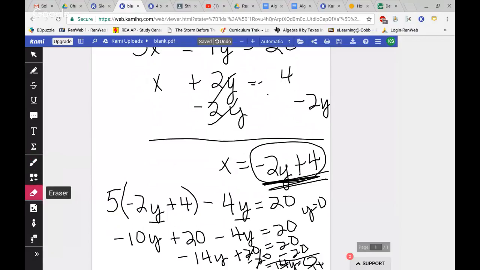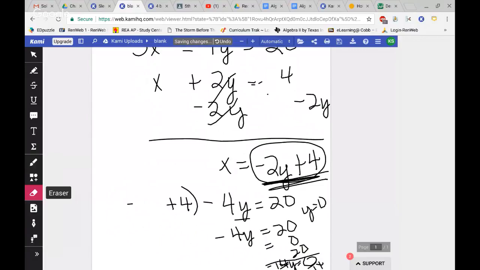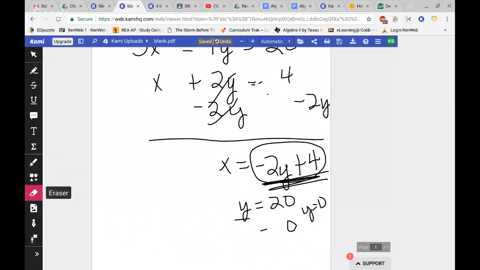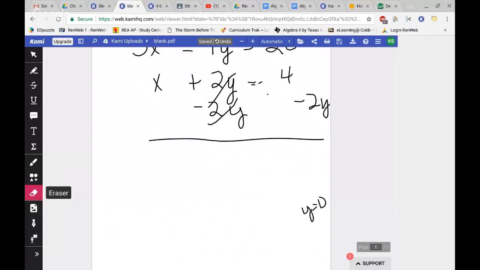Then what I would do after I do that is I would plug in this y here.